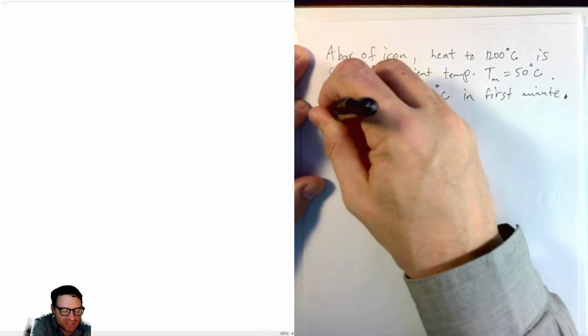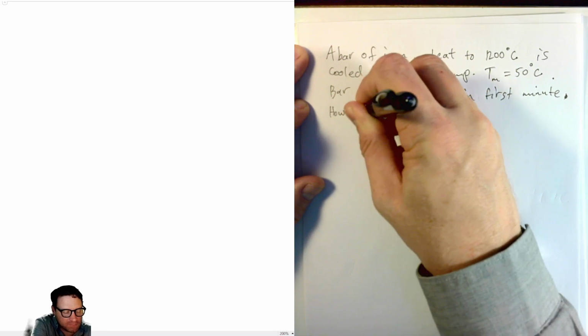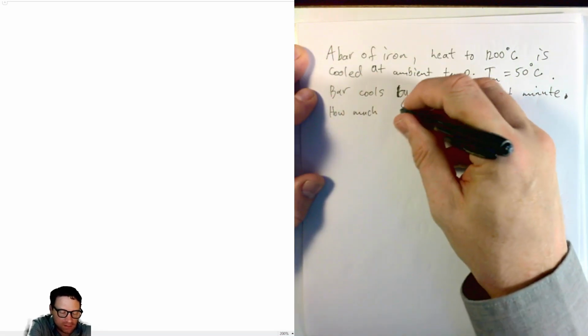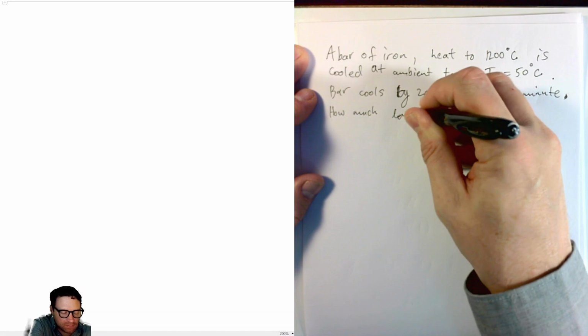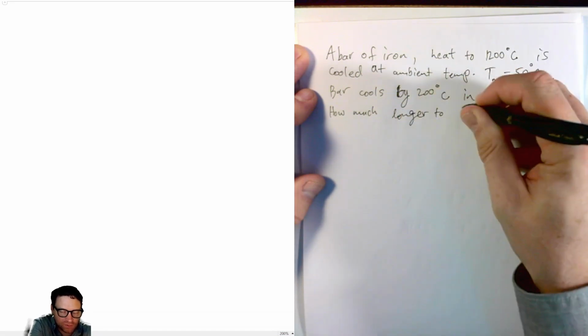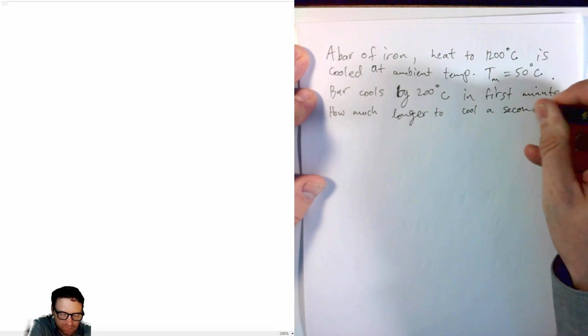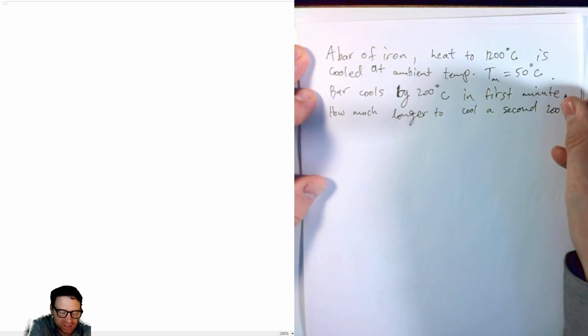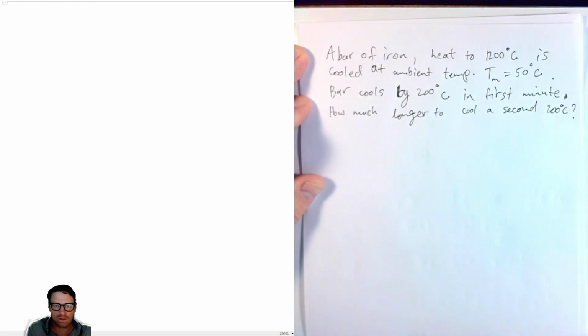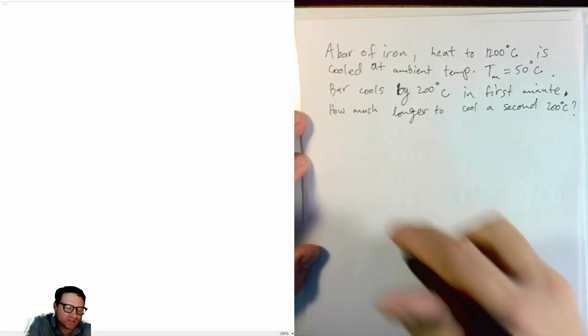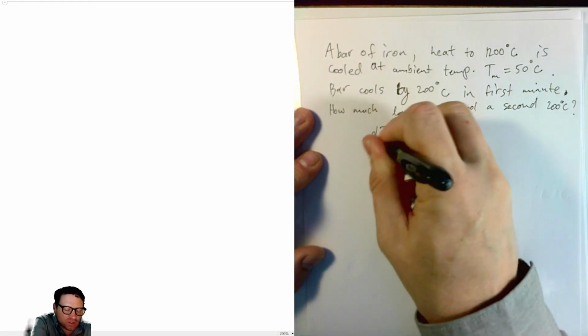Okay, then the question is how much longer to cool a second 200 C. All right, so we start with the differential equation.